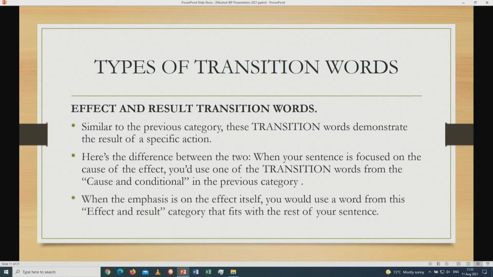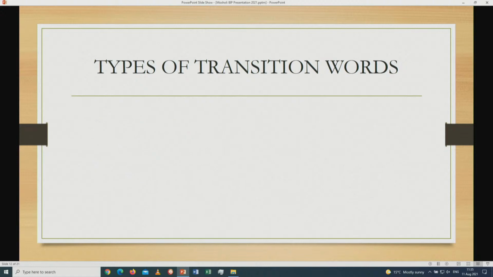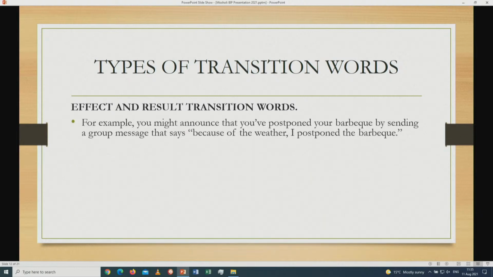When the emphasis is on the effect itself, you would use a word from this effect and result category that fits with the rest of your sentence. For example, you might announce that you've postponed your barbecue by sending a group message that says, "Because of the weather, I postponed the barbecue."